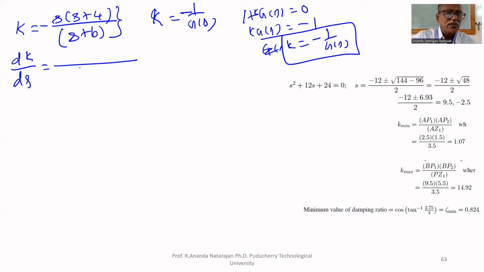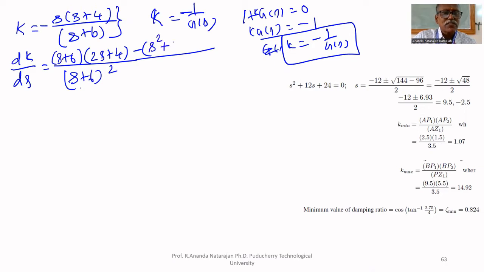So if you differentiate, what will you get? S plus 6 whole square, s plus 6. If you differentiate s square plus 4s, you will get 2s plus 4, minus, write as such s square plus 4s. If you differentiate s plus 6, you will get 1. Equal to 0.